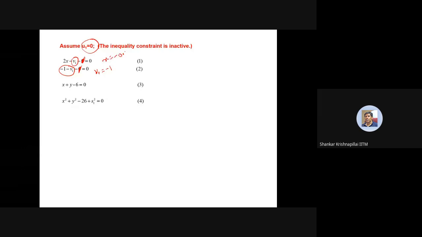Then that -0.5 you can substitute here, and you will get some value for y.